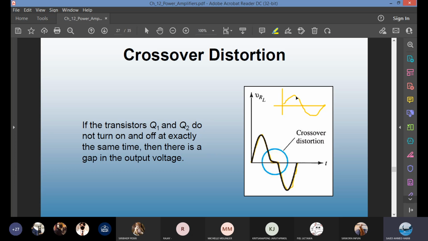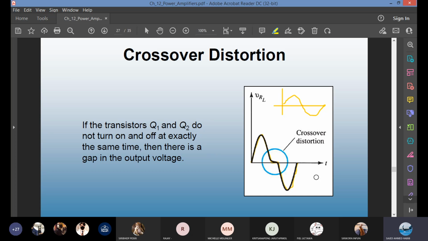Instead of getting a sine wave, you are getting a wave in the shape of this black wave. It does not maintain the pure form of a sine wave. It gets distorted, it gets corrupted. We call it a distorted waveform. This phenomenon is known as distortion. Specifically, we call it crossover distortion.